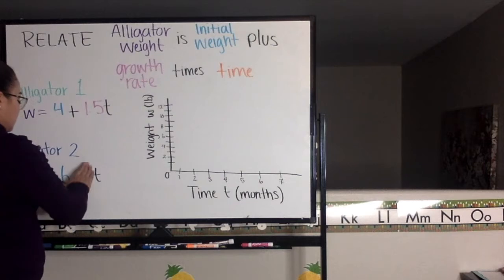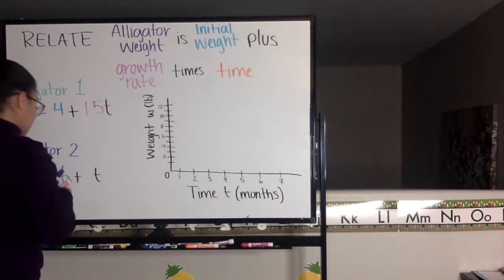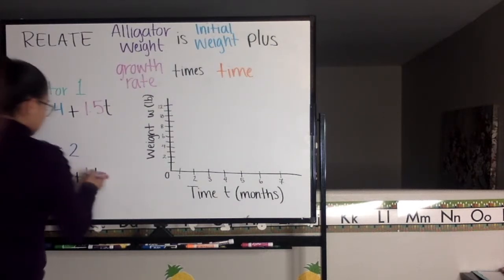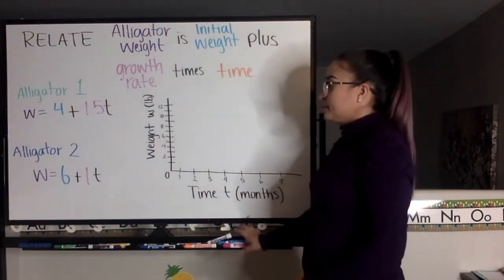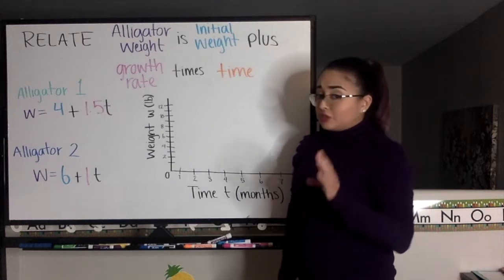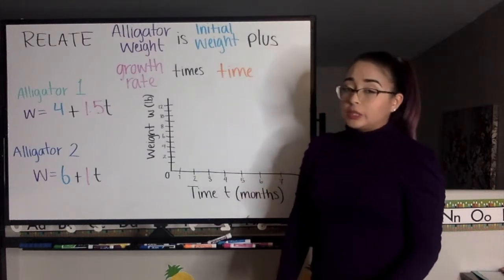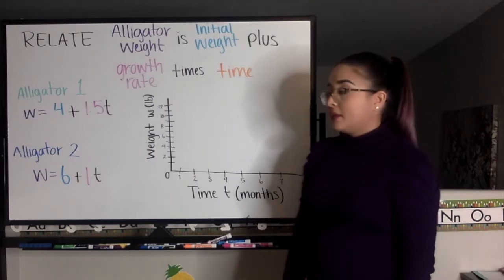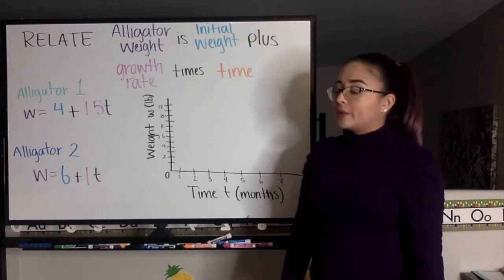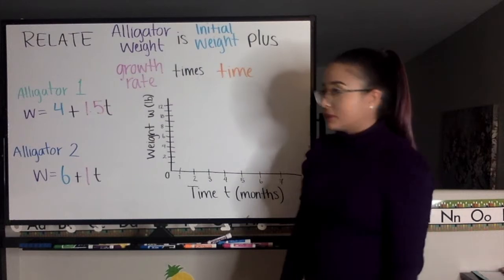Again, we are using the variable t for time because we were not asked for a specific time. Okay? Now, do those look familiar? They kind of look like linear equations, but they're kind of out of order at the same time. But our slope is still our slope, and our y-intercept would still be our y-intercept.